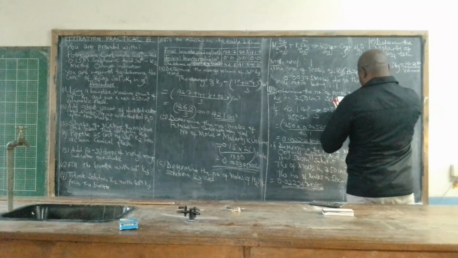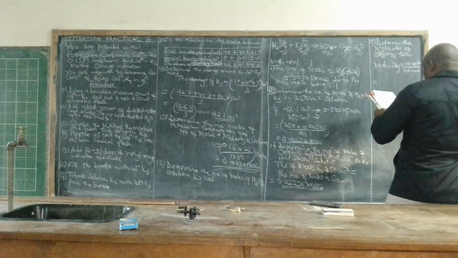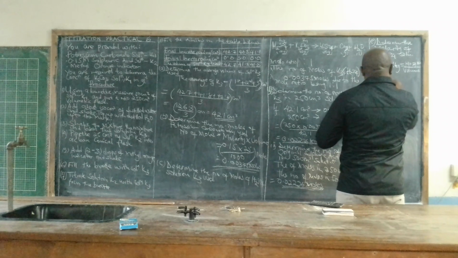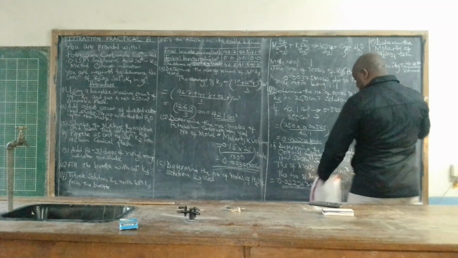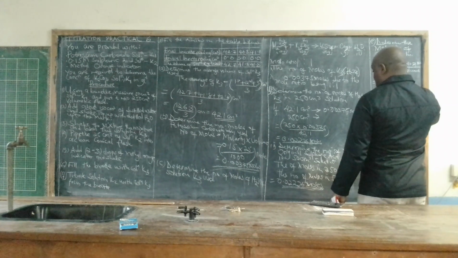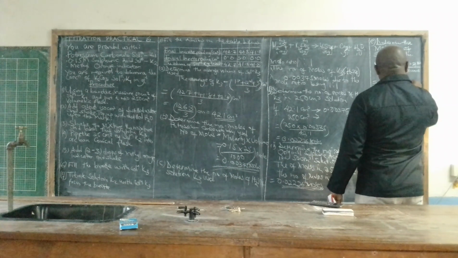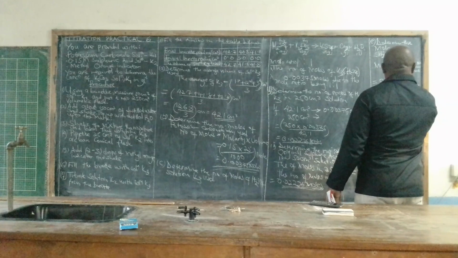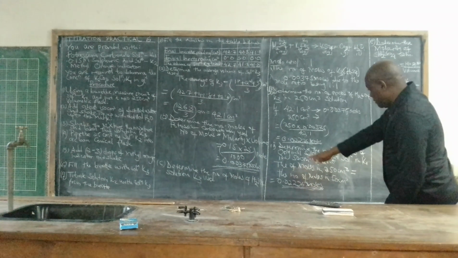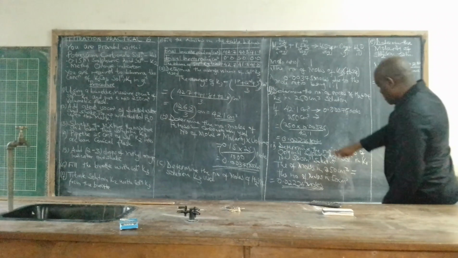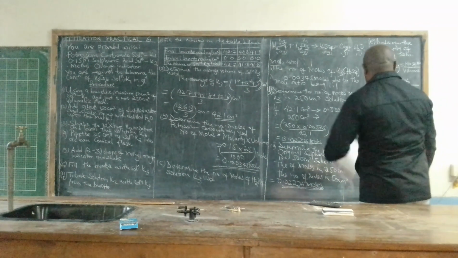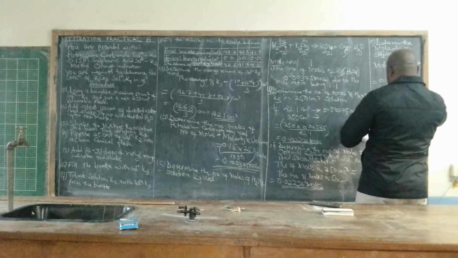So now we are just going to make some substitution. 0.02226 over 50, 50 cubic centimeters, times 1,000.